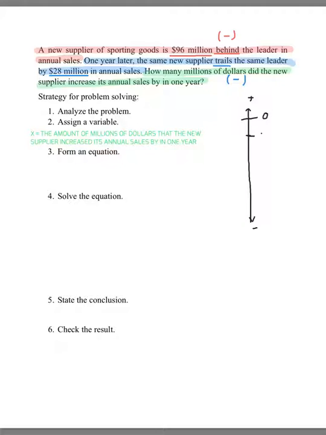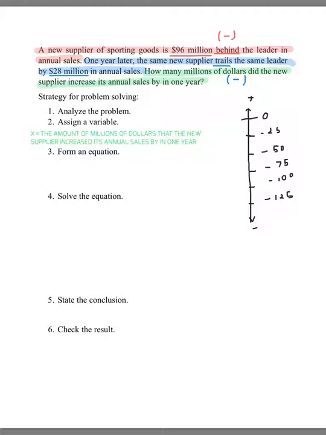So I'm going to label this one negative 25. I'll label this negative 50. Negative 75, negative 100, and negative 125. So there we go. That's going to be our number line.